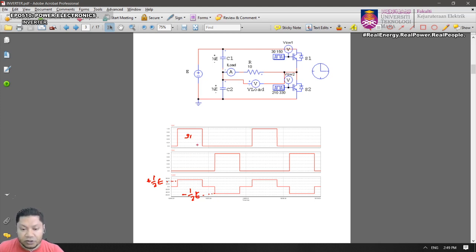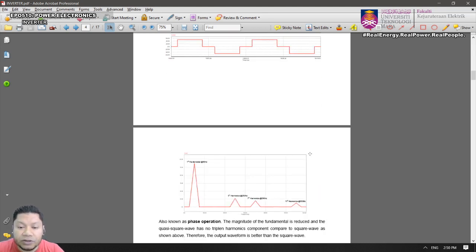So therefore your output voltage is a quasi square waveform, isn't it? Just as easy as that, right? And then this is your amplitude again.